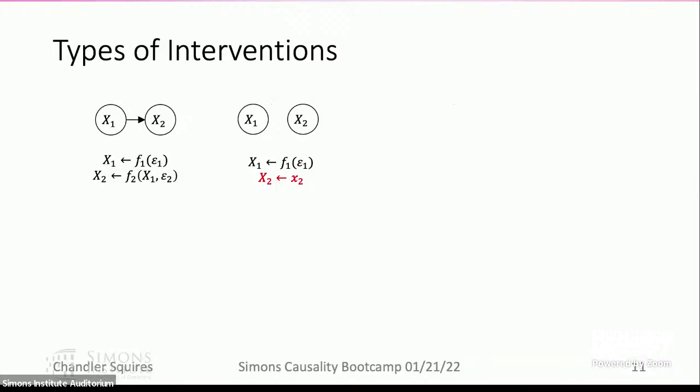Now, somebody asked about knockdown interventions. This is a type of intervention in genomics where you decrease the expression of a certain gene in a cell, but it might still depend on its parents in some way. You've just decreased the total dependence on its parents.